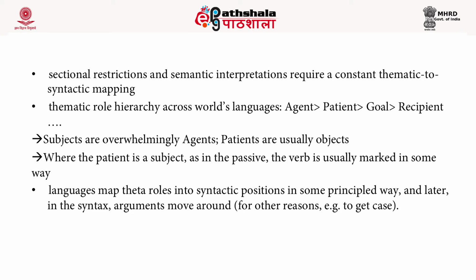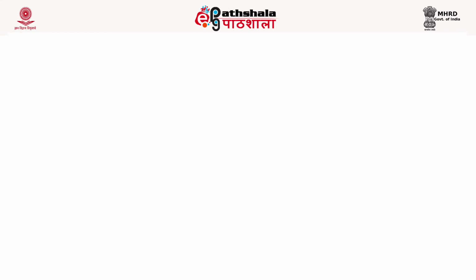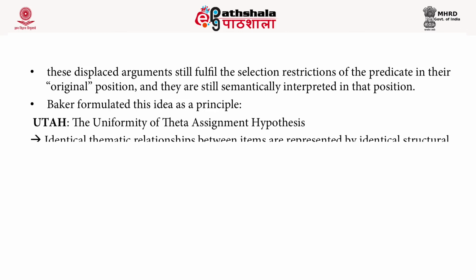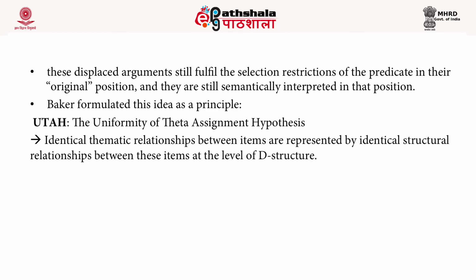Languages map theta roles into syntactic positions in some principled way, and later in the syntax, arguments move around for other reasons, for example, to get case. These displaced arguments still fulfill the selectional restrictions of the predicate in their original position, and they are still semantically interpreted in that position.